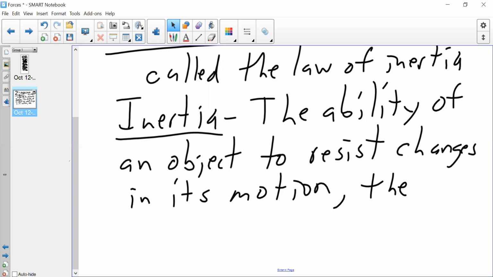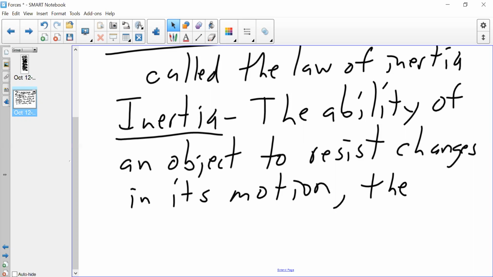So it's not that inertia has a dependency on the speed. It totally depends on the ability to get it moving in the first place. So speed is irrelevant.